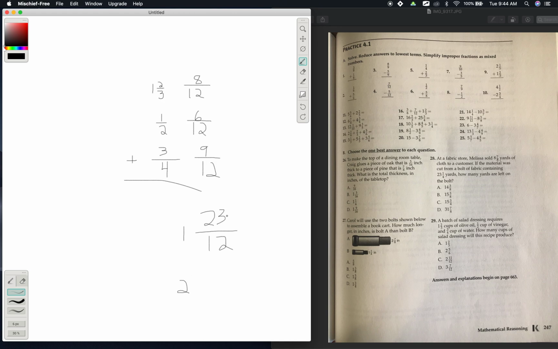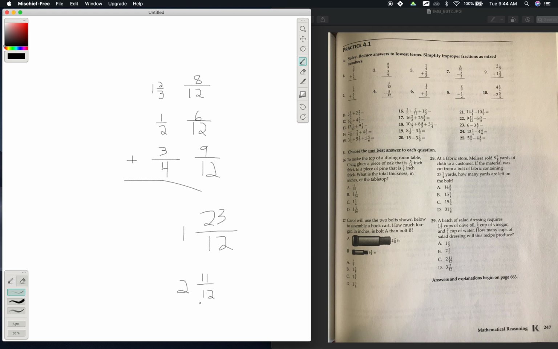And how many more is 23 than 12? You can count it, 13, 14, 15, etc. But we know it's 11. So we took that 12 out of the 23, and there was 11 left over. We added it to the whole number, since we know that to make one whole number, you need 12, since the denominator is the indicator of that.